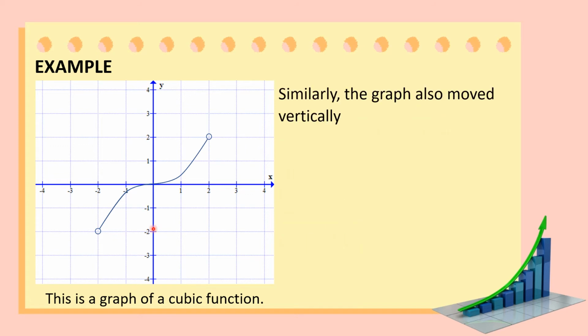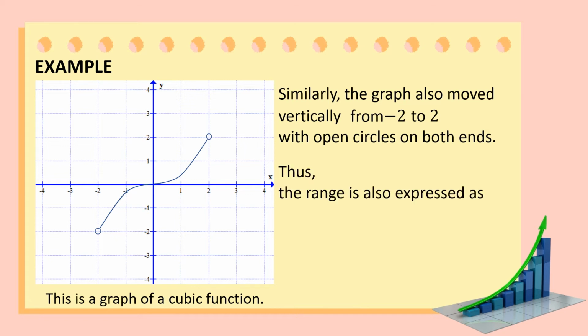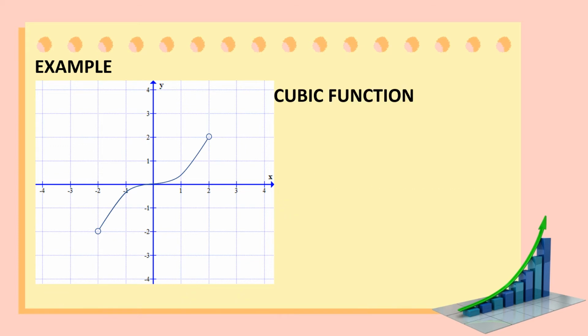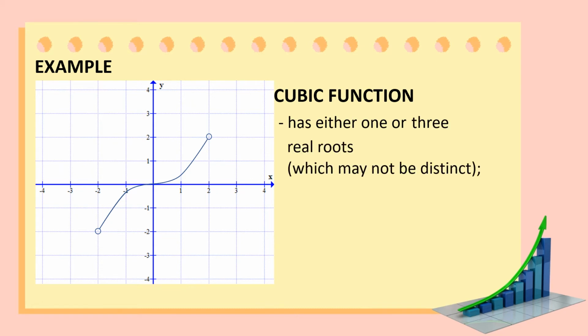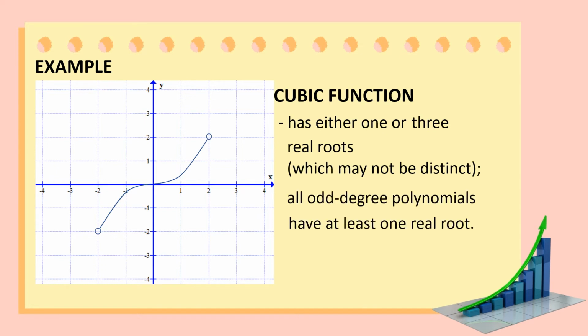Similarly, the graph also moves vertically from negative 2 to positive 2 with open circles on both ends. Thus, the range is from negative 2 to positive 2. A cubic function has either one or three real roots, which may not be distinct. All odd-degree polynomials have at least one real root.